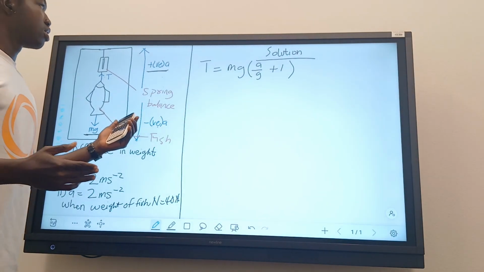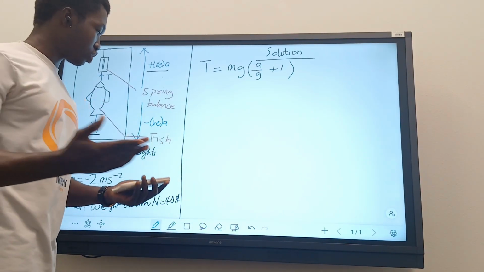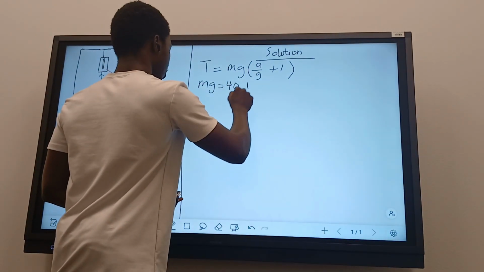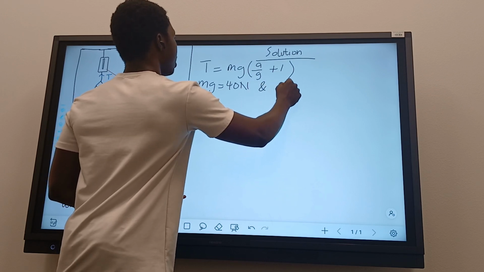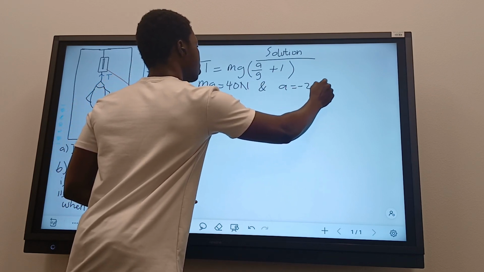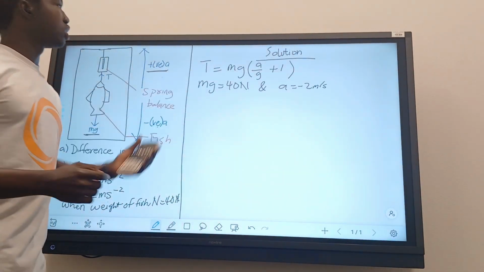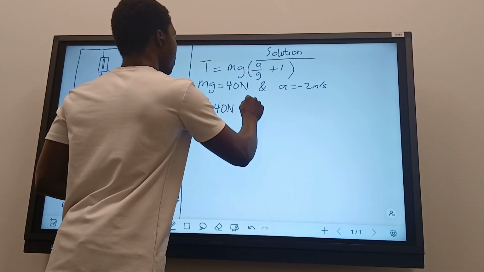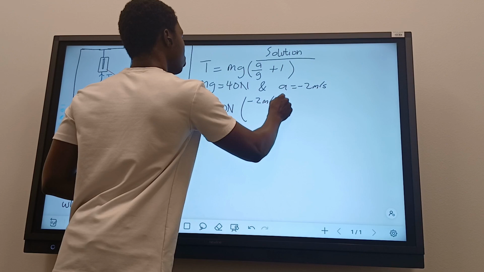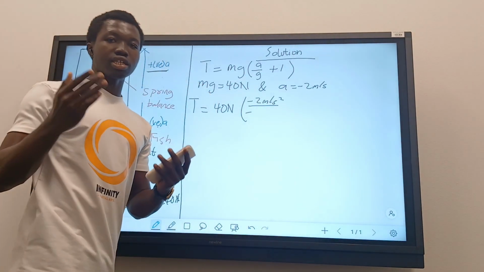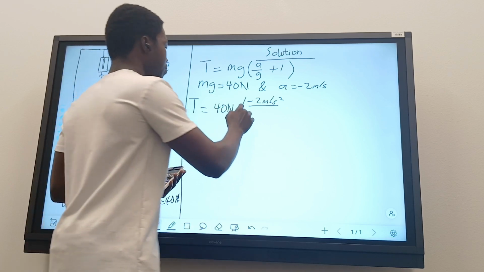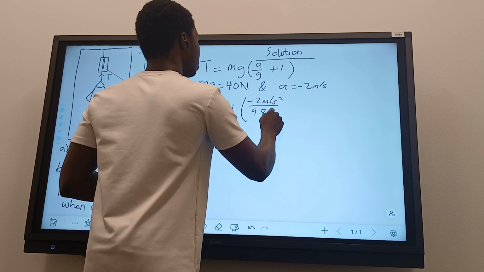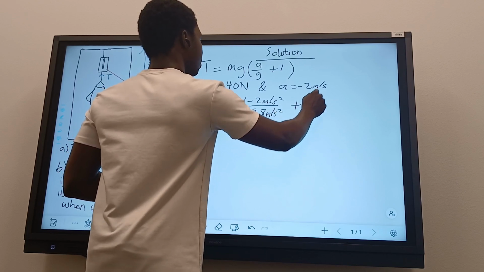Now we know mg, which is the weight of the fish, to be 40 Newton, and a to be -2 meters per second squared. Putting it into the equation, we get T is equal to 40 Newton into bracket -2 meters per second square over g, the acceleration due to gravity, which is 9.8 meters per second square, plus 1.